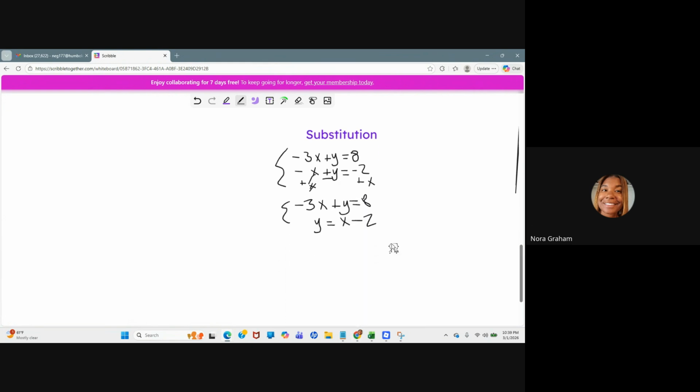Now everywhere I see a y in this equation or in this equation, I will substitute an x minus 2. All right. So I'll write it out for this video, but in the comments below, if you need more help or you want me to finish doing this video and how to solve this, let me know. And from here, you would solve for x.